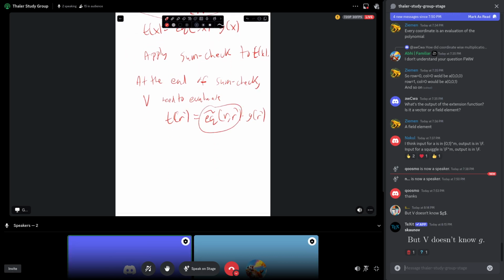And again, the verifier can get the EQ evaluation in order m time, which is good. That's like log number of constraints or something. That's fine. We're happy with the verifier taking that much time.